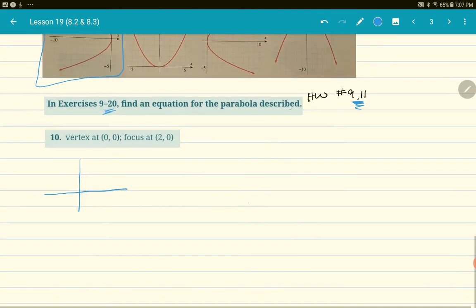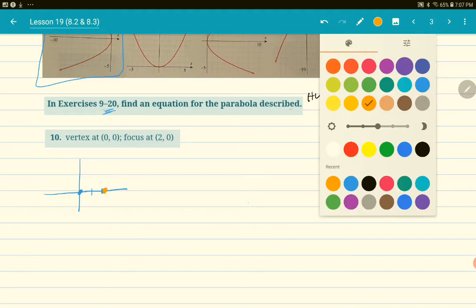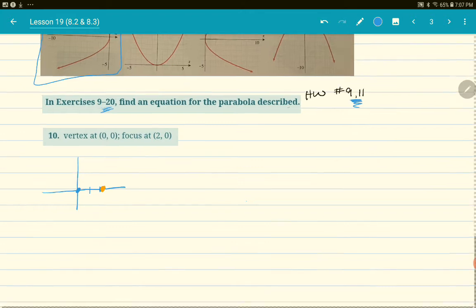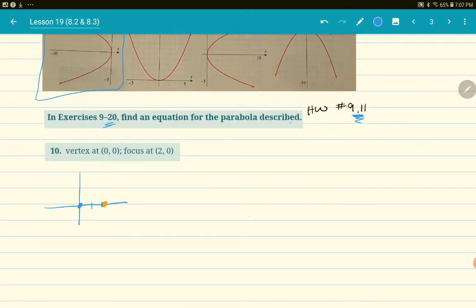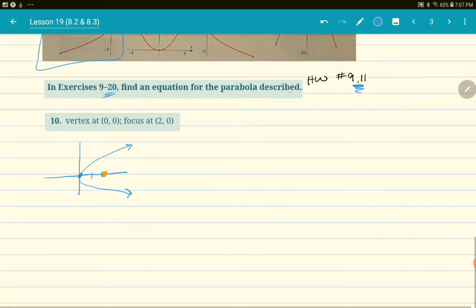So if my vertex is here at the origin, and the focus is at 2, 0, that's here, and I think of the parabola as kind of hugging the focus. So the focus tells me the direction of the parabola. I don't know how wide it is yet, but I do know that it goes in that direction, so I know it opens right.